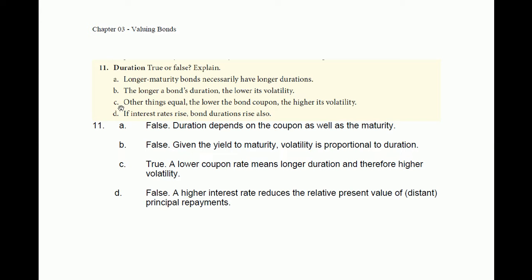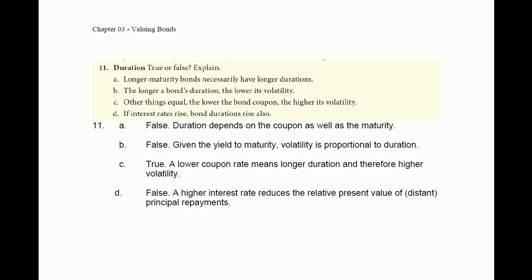Question C. Other things equal, the lower the bond coupon, the higher its volatility. Answer is true. We just show that a lower coupon rate means longer duration and therefore higher volatility. Question D. If interest rates rise, bond durations rise also. The answer is false, because a higher interest rate reduces the relative present value of distant principal repayments.